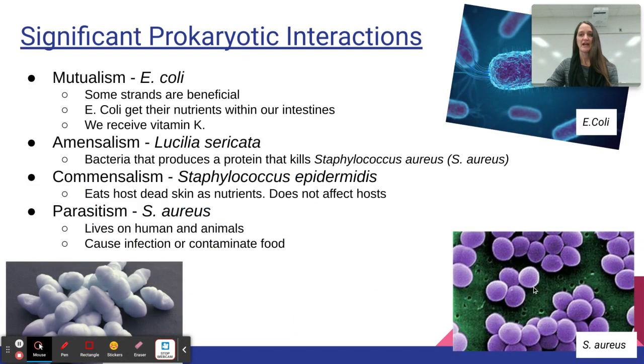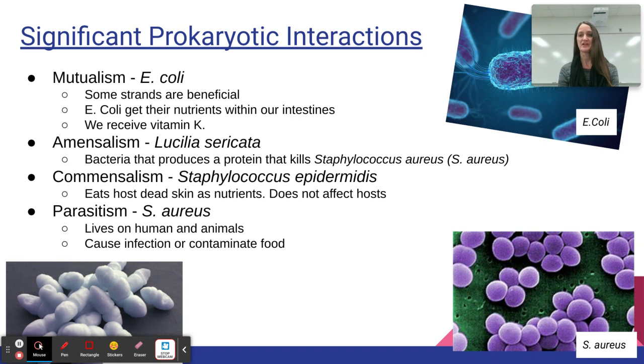So we're going to take a look at some of these relationships within our environment, and we're going to start with the prokaryotic interactions. And E. coli is an example of a mutualistic interaction. And that might be a surprise to some because a lot of times we hear about E. coli causing issues in infections or diseases.